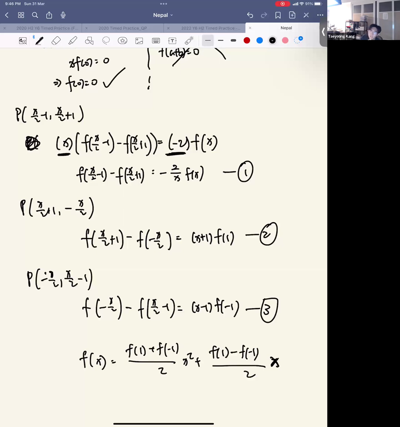So you're motivated to put x over 2 plus some constant, x over 2 minus some constant. Then after that, you want to find some sort of summation where the left-hand side cancels out and you're just left with the f(x) term. And that's why you proceed with statements 2 and 3.